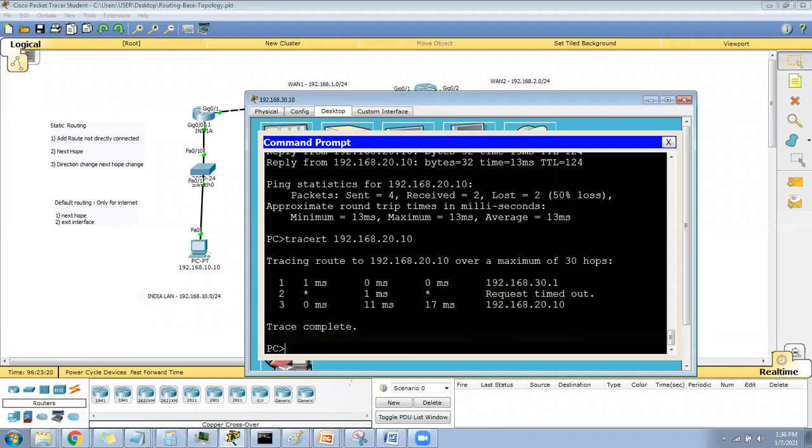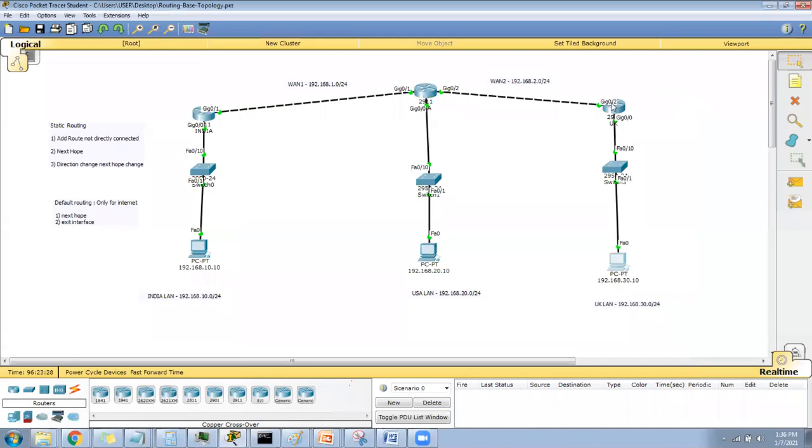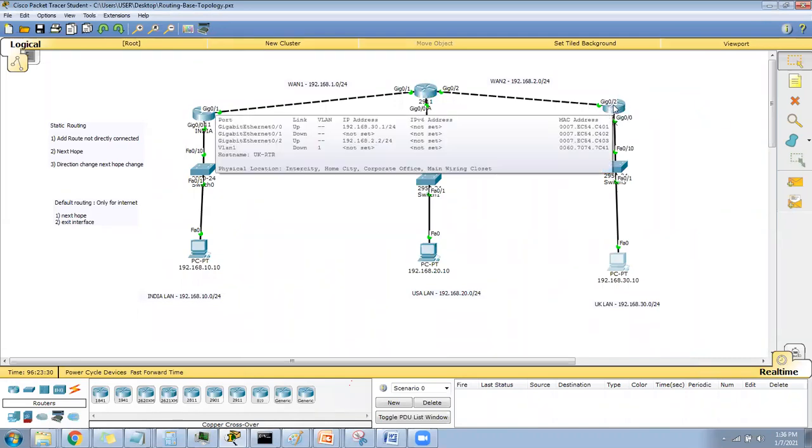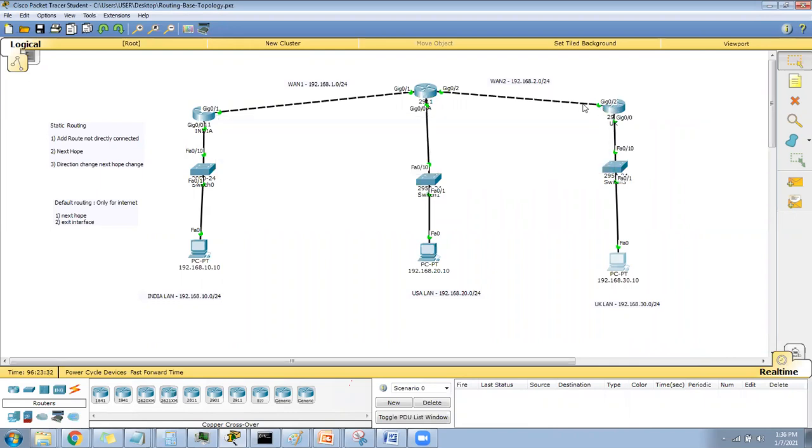It shows request timeout at the exit interface, but it reached here. So when the traffic came here, this router said I don't have 20.10, so it passed it on. It went here and from here to here. That's why, remember, while giving the exit interface it told us to use the gateway.